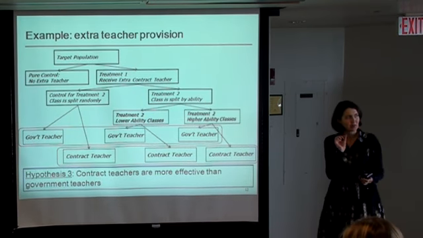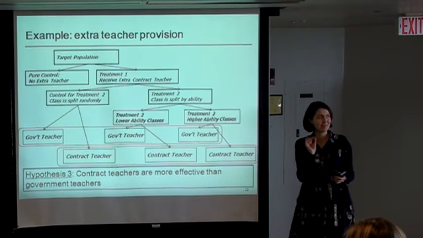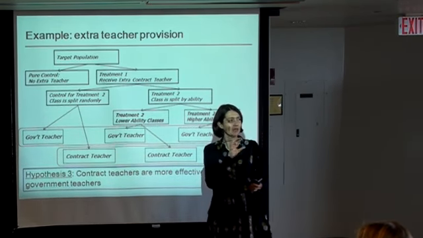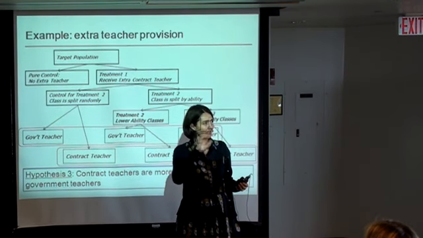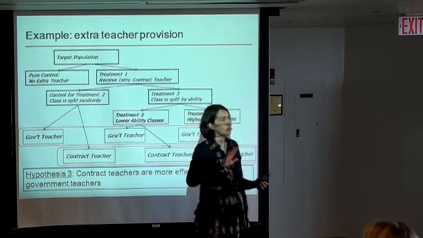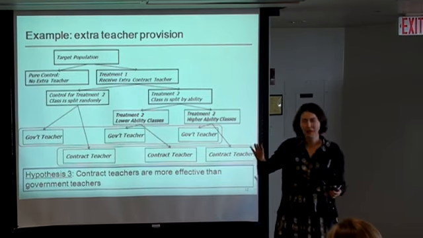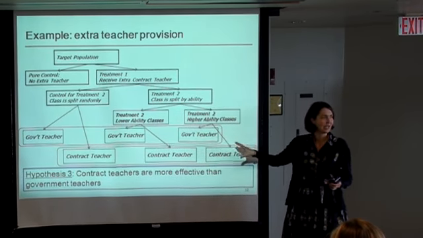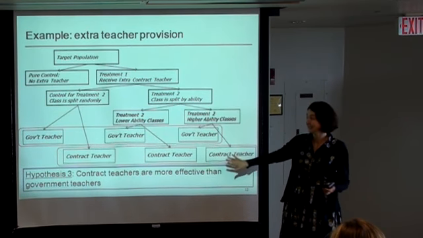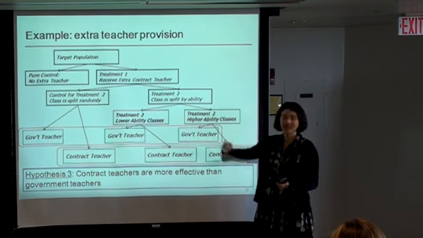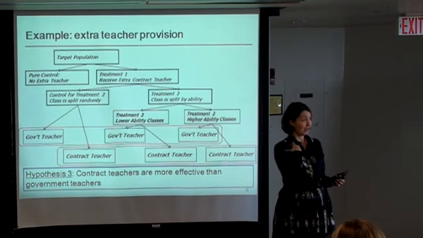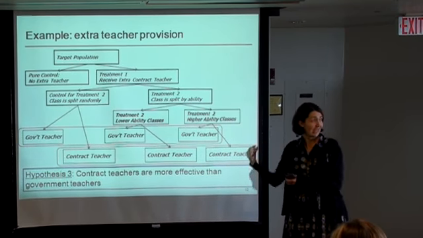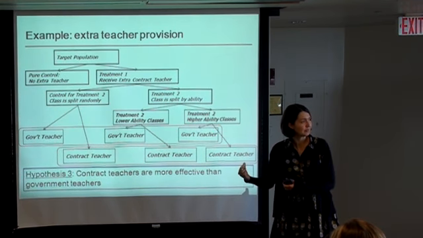Okay, let's be really careful when we bandy around the word bias, because bias means something specific. I think what you're talking about is: be careful that you're understanding what it is that's generating the difference between the contract teachers and the government teachers. I'm saying that it's the fact that they're accountable and they can be fired.